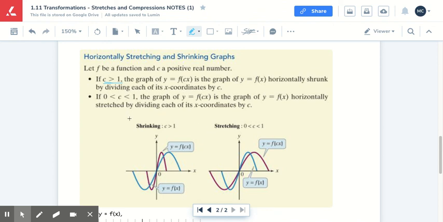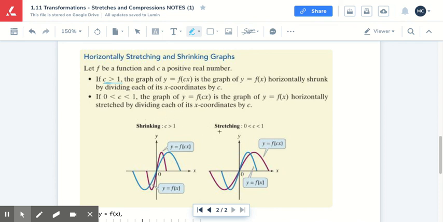If c is between 0 and 1, then the graph of y equals f of cx is the graph of y equals f of x horizontally stretched by dividing each of its x coordinates by c. So still, we're dividing each of the x coordinates by c, but this time c was something between 0 and 1.